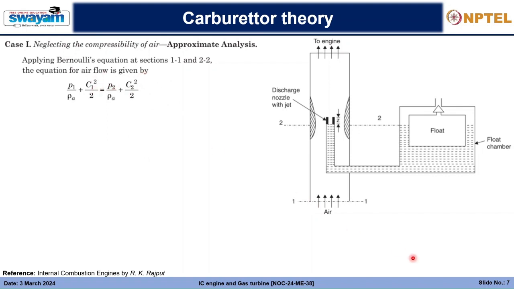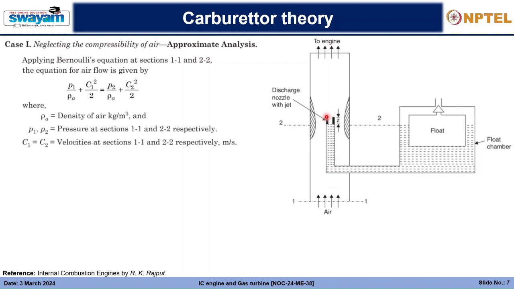Then we have P2 by rho A. The pressure will decrease obviously, and as the pressure decreases, C2 will increase. The velocity of air at the throat will increase. And you can see that rho A remains constant, because it is assumed to be incompressible, so the density will not change. So rho is the density of air, P1, P2, and C1, C2 are given like this, and everything is in SI units.